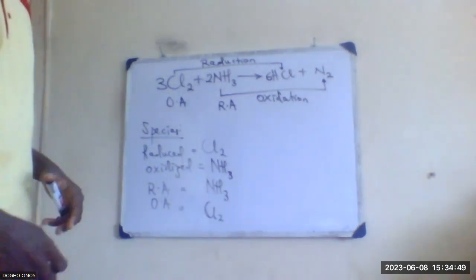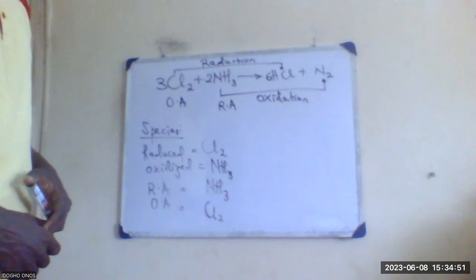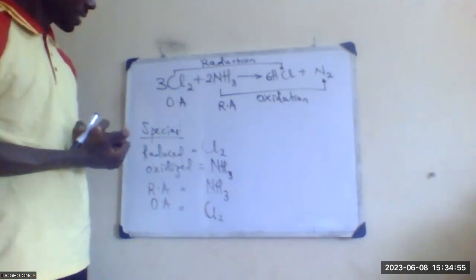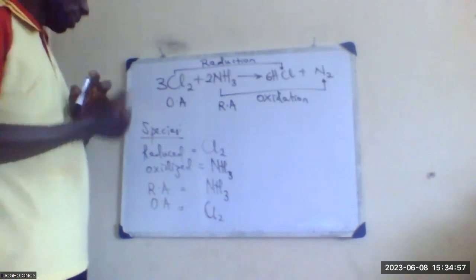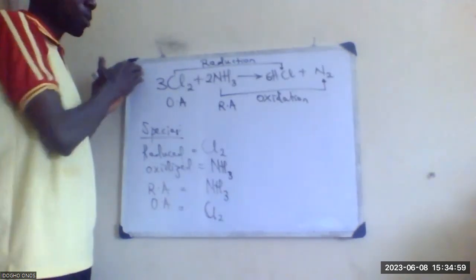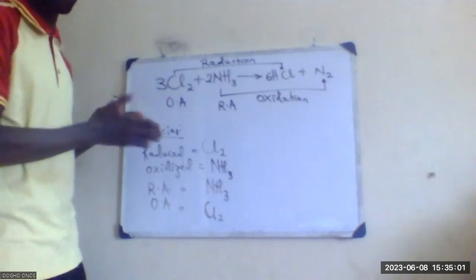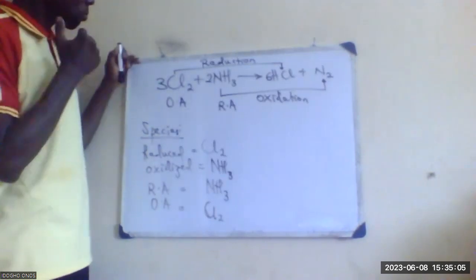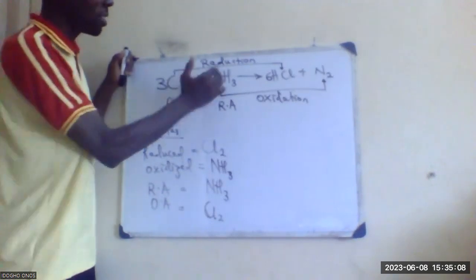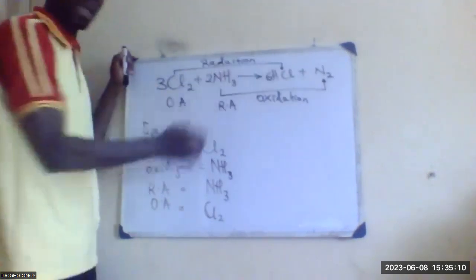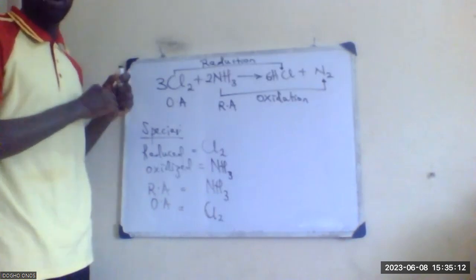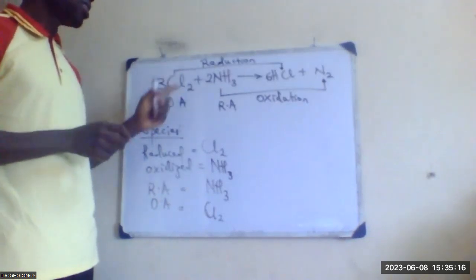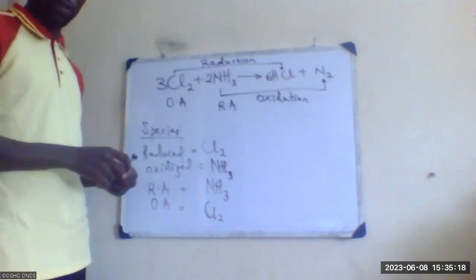I need to throw more light on reduction and oxidation. We are looking at them this time in terms of hydrogen transfer. Oxidation is the removal of hydrogen, not oxygen, while reduction is the addition of hydrogen.